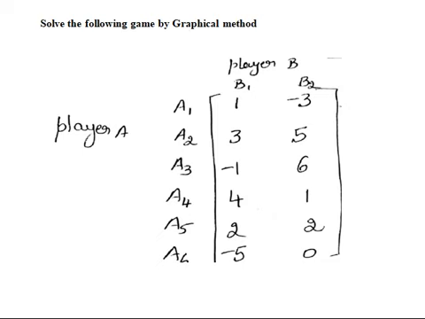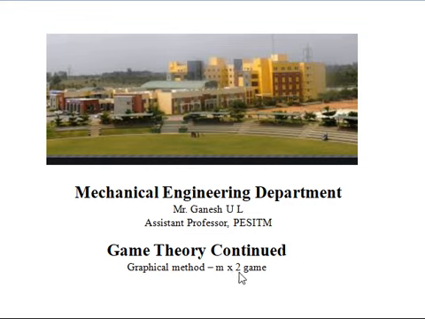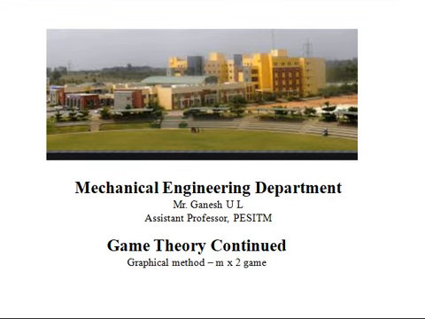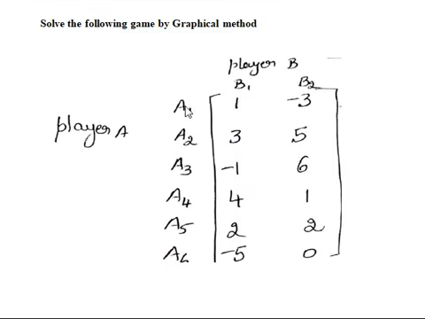As we said earlier, it's an m cross 2 game because it has m number of rows. In this particular problem, we have restricted the rows to 6. It need not be 6, it can be 3, 4, 5, 6, 7, anything, but the columns are restricted to only 2.